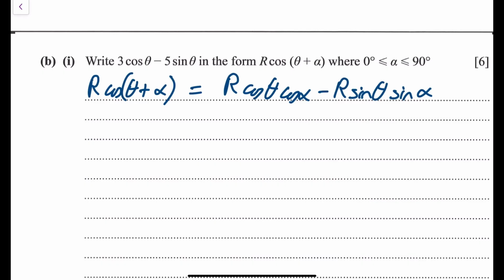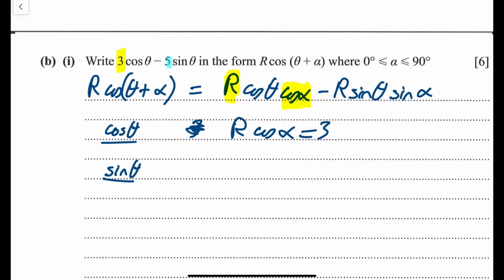Okay, and then what we have got then, we know that means equating your cos thetas. So cos thetas being multiplied by 3, and our cos theta here is being multiplied by r cos alpha. So that means r cos alpha is equal to 3, and then equating your sines.